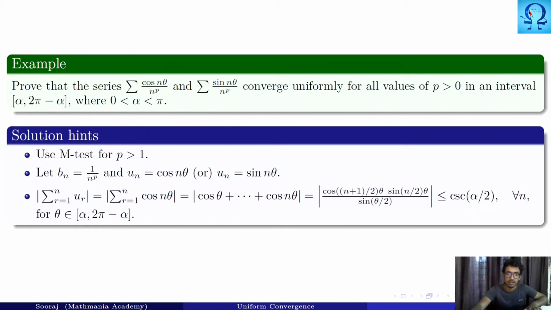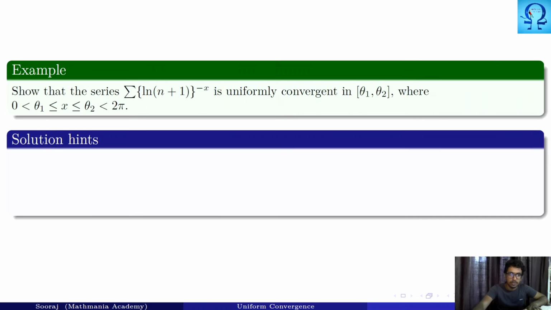We will have to check, right? So summation un can be expressed in this form, and through some trigonometric identities we are able to see that it is smaller than or equal to cosecant alpha upon 2. So which proves what? It is uniformly bounded and bn converges to 0 uniformly. Apply your Dirichlet test, we justify that it converges uniformly.